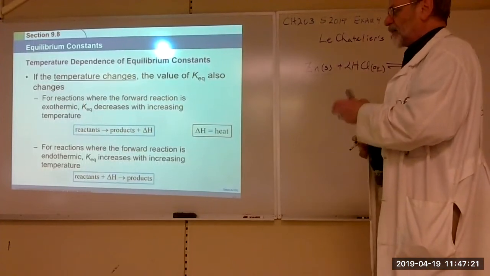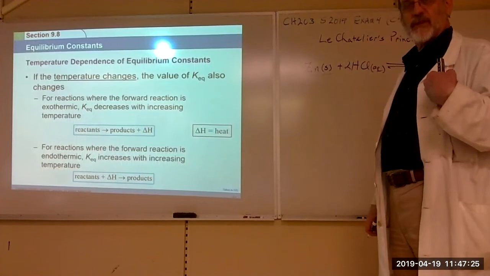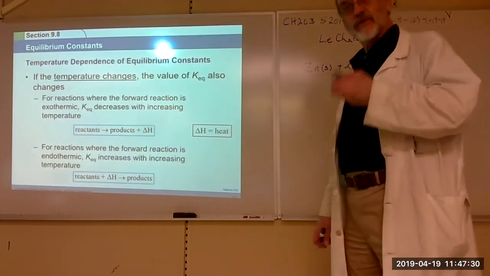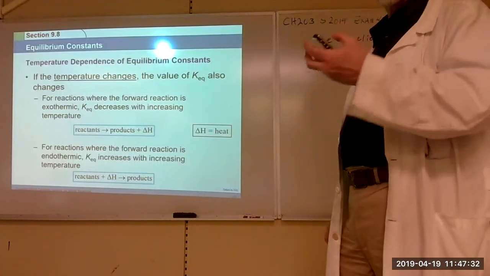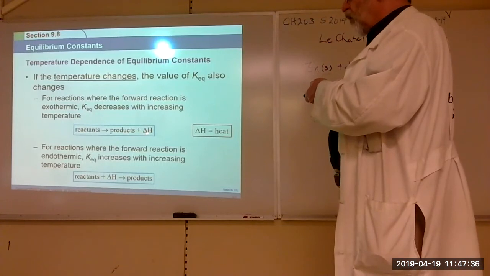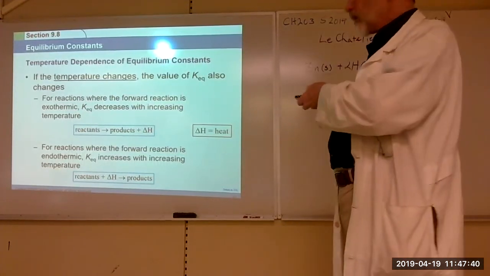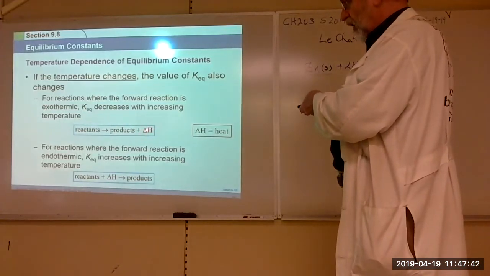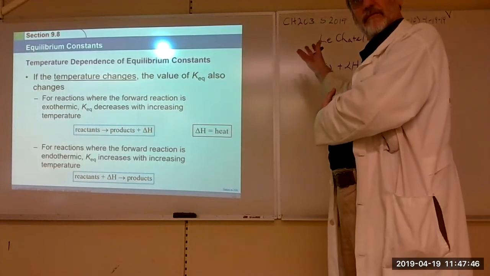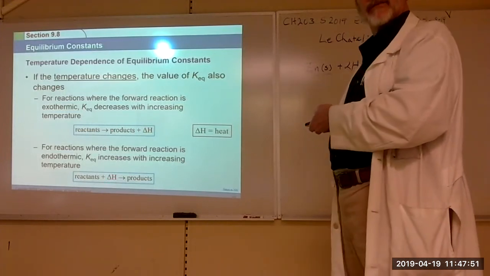The best way to think about equilibrium and temperature relationships is: is it endothermic or exothermic? And the heat or the temperature, we use them synonymously in this case, determines whether it's part of the product or part of the reactant. Exothermic means part of the product. It gives off heat, so heat is a product. Endothermic means that heat is part of the reactants.